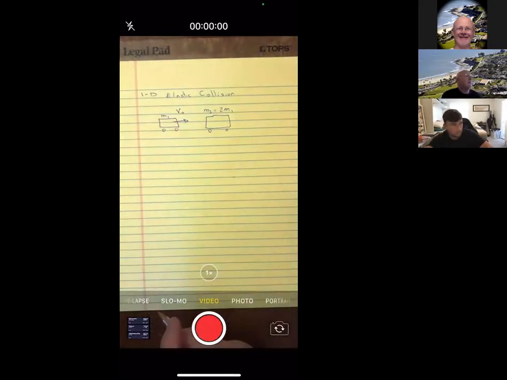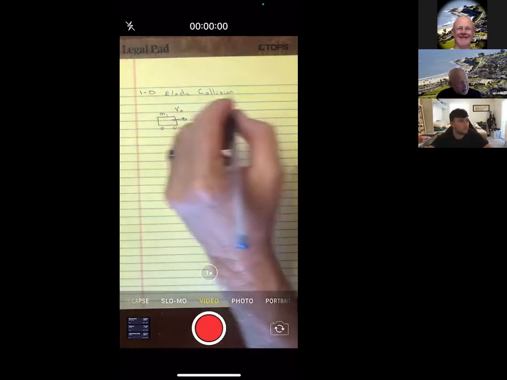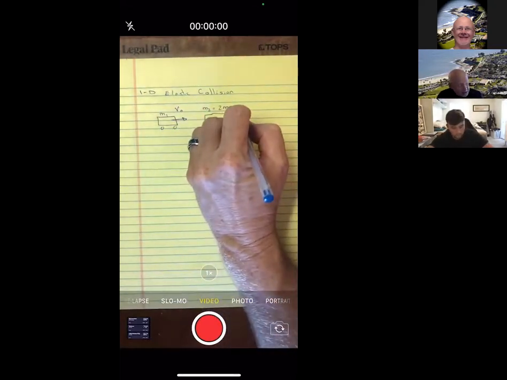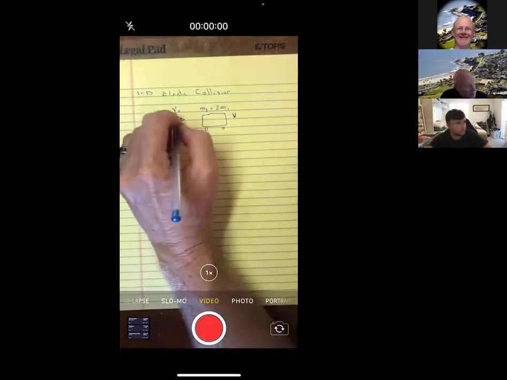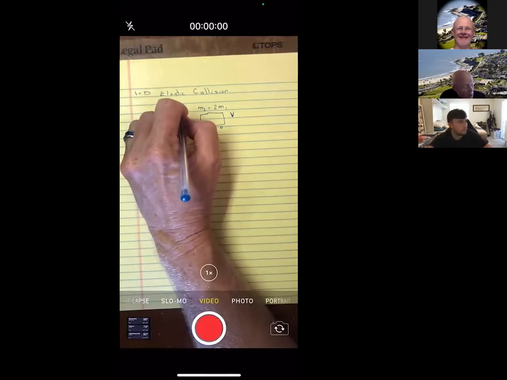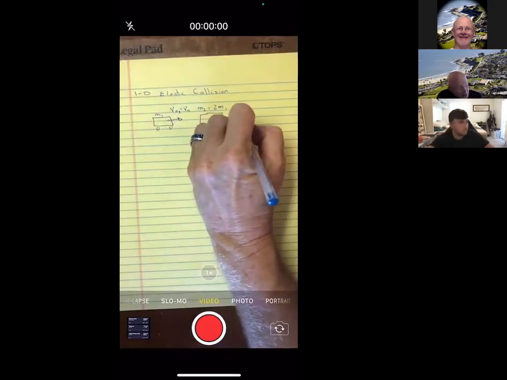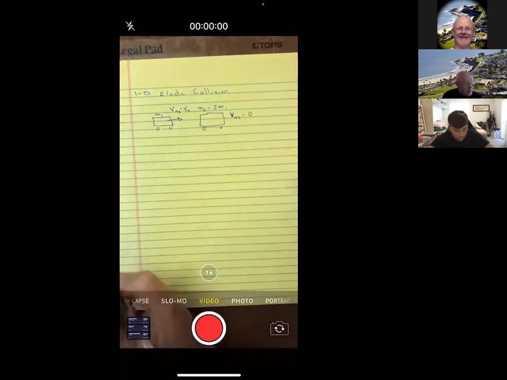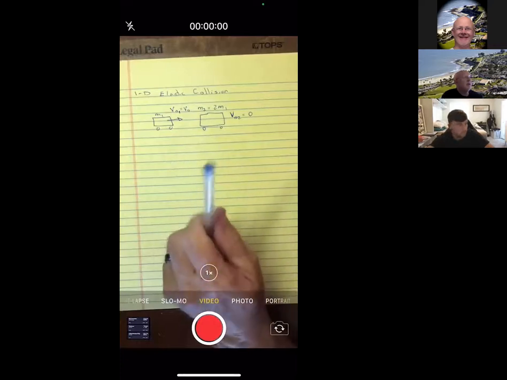Cart 1, moving at speed v naught, collides with cart 2, which has double the mass and is initially at rest. Maybe I should label this as v naught 1 equals just v naught, and v naught 2 is equal to 0. So this one's stationary, this one's moving.